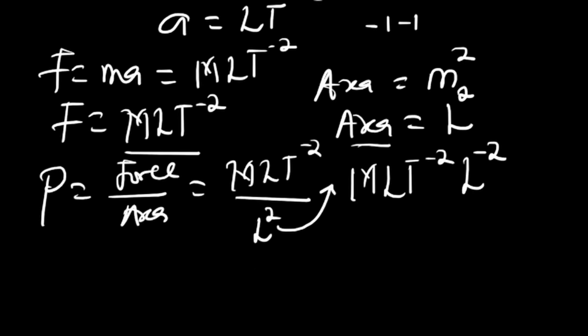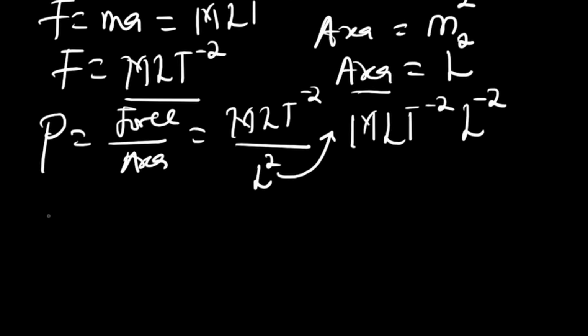Correct. So let's make this better. How do we do it? We say that pressure is equal to, here we have the mass, which is the M. I'm going to rearrange this. Remember, it's written in the form of MLT. So the M comes first, followed by L, and then the T comes last.